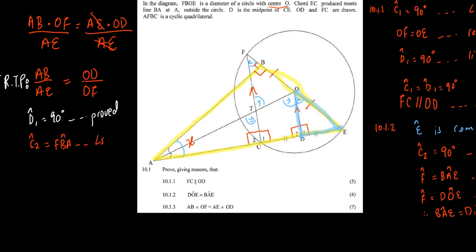We had said angles in the same segment. Remember, we had not said it in these previous ones. Yes, and now that we know that FBA is 90, we can therefore say ABO is 90 degrees. Angles on a straight line. And now that we know this is 90, guys, we just need one more pair to prove similarity there.